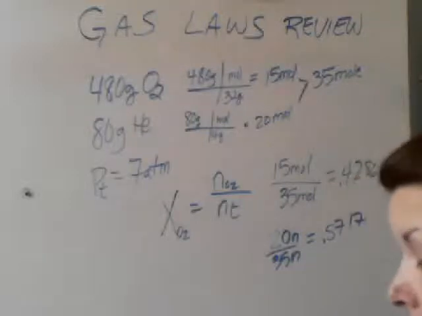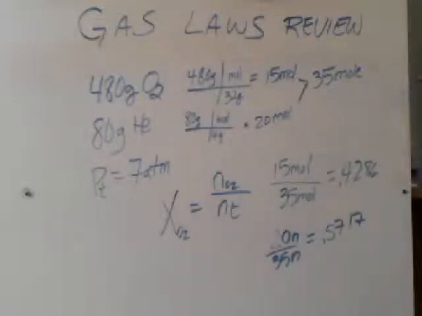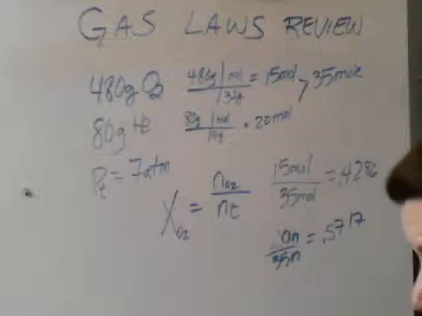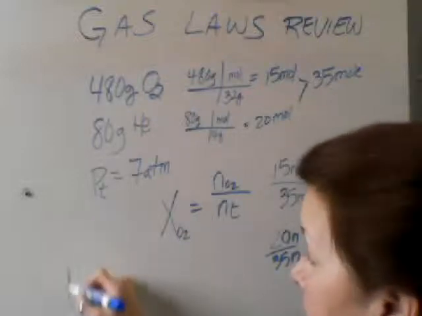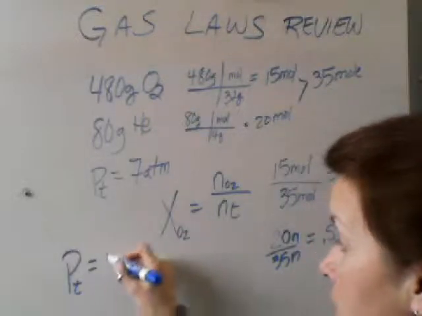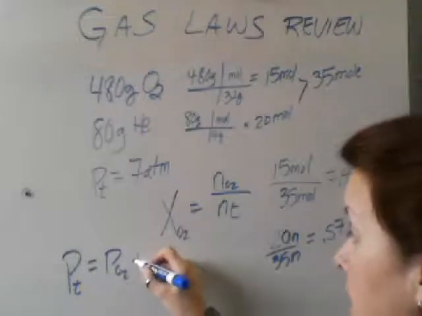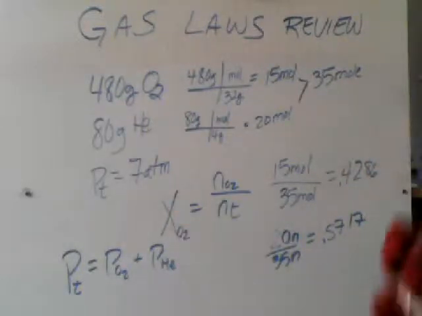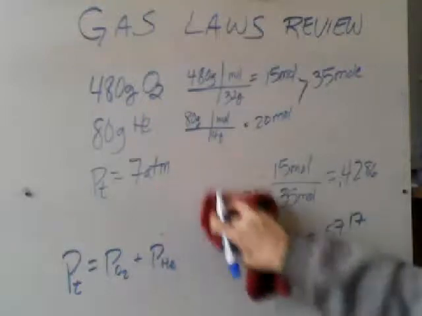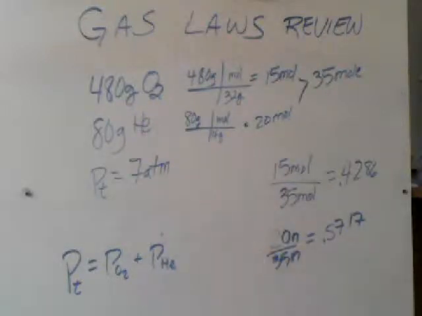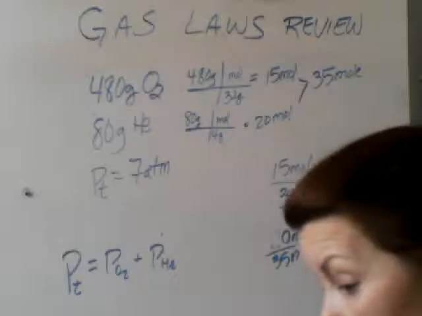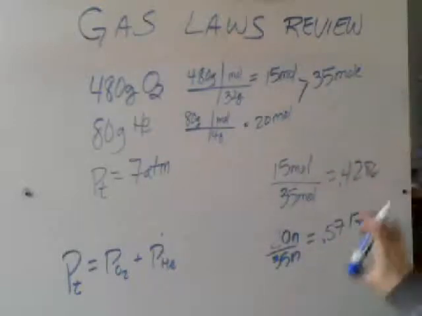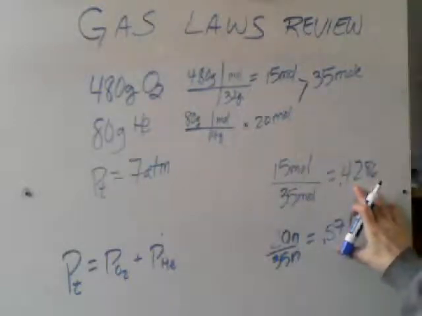So that's good. And then it asks us, what is the partial pressure of oxygen? We have a couple equations for that. Pressure total is going to be the pressure of the oxygen plus the pressure of helium in this system. Those are the 2 that we are given. Now we know from our mole fractions that our mole fraction for oxygen is 42.86%.